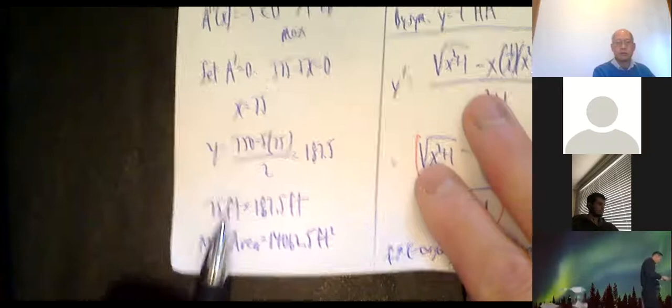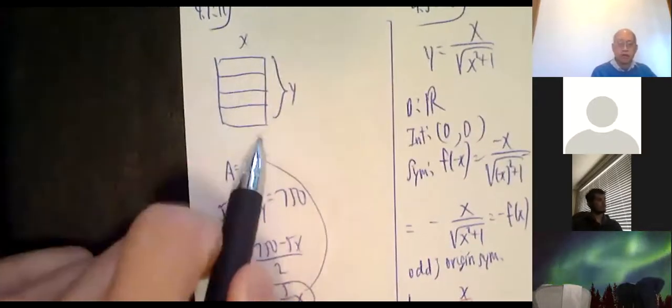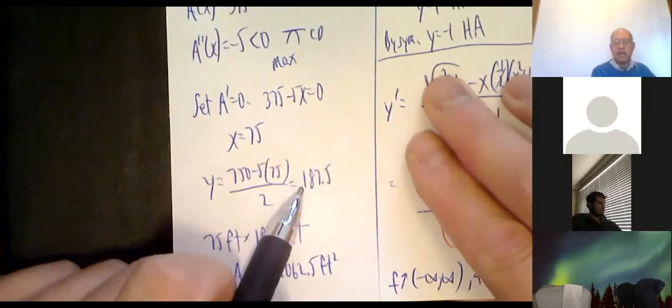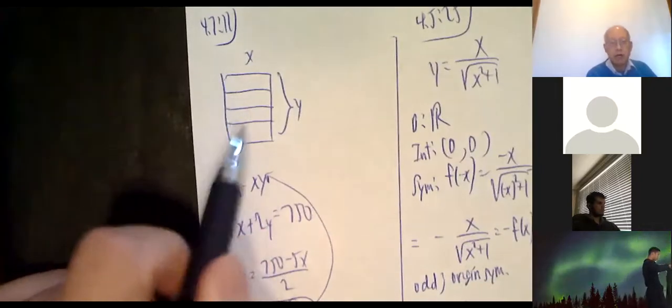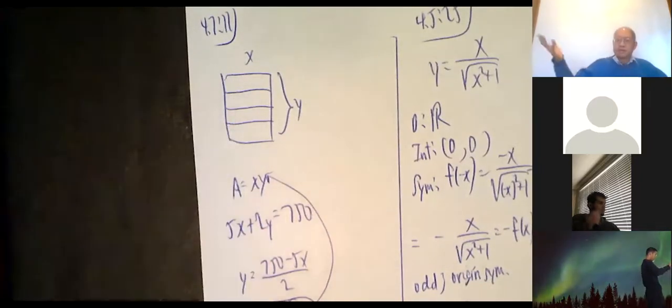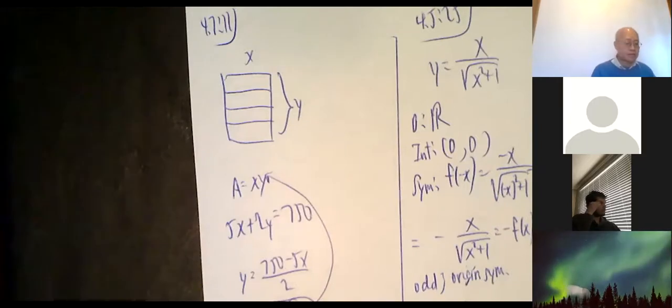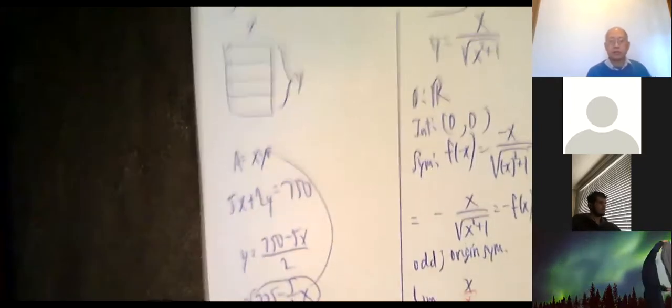And then 375 vertically, 375 divided by 2 is 187.5. So it's not a square per se, but you dedicate just as much material horizontally as you do vertically. Okay, so that's just a side note. That has nothing to do with the problem, but it's just a curiosity, I guess.